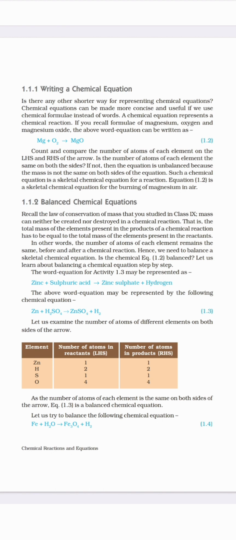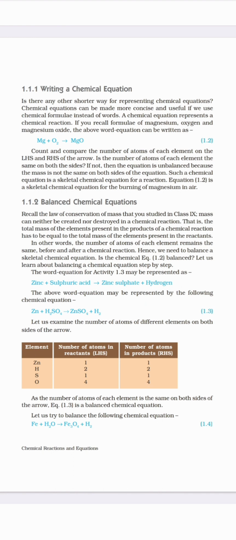Okay, so first is to write the chemical reaction in the form of chemical formulas. The example given here is zinc plus sulfuric acid gives zinc sulfate and hydrogen. Do you remember the law of conservation of mass? The law of conservation of mass says that mass can neither be created nor destroyed in a chemical reaction.